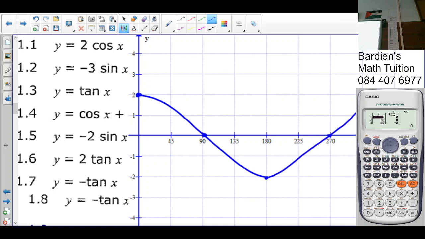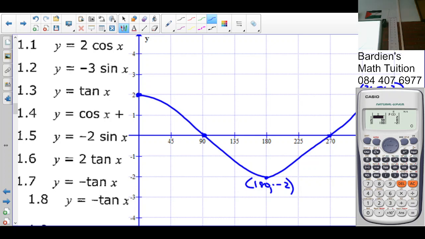It's better if you can actually do this without the calculator. But since you are still at the beginning stages of this graphs, just to get used. Okay. So that's the 2 cos x graph.